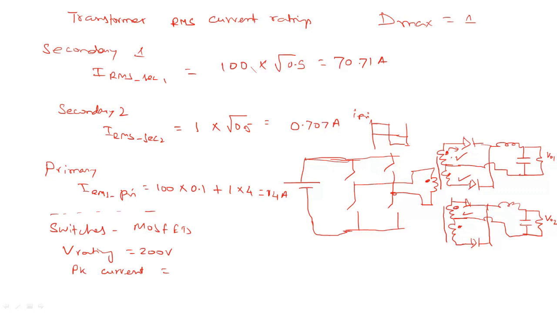So the peak current for the inductor with the ripple considered, the peak to peak ripple was 10 amperes, so the total current was 100 plus 10 over 2 times the N1, which is 0.1, plus the second one had 1.05 as the peak times 4. Okay. So this is 15.435.